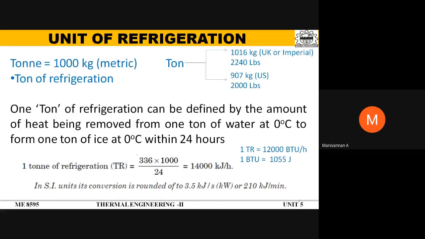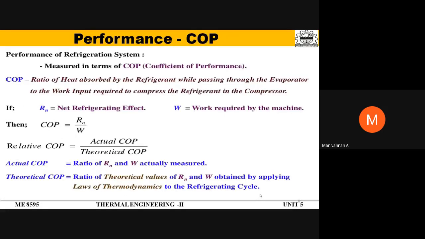One ton of refrigeration will be approximately equal to 3.5 kilowatts, or 210 kilojoules per minute. Then we understand the term coefficient of performance.